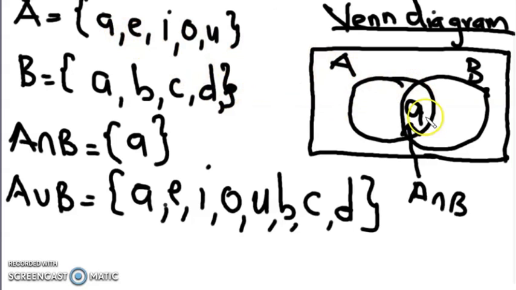But since A is already in the intersection, we write the rest of the elements of A, E, I, O, U, in this part. Do you get it? Same thing applies to the set B. A is already written in the intersection, and so we write the remaining elements, B, C, D, in the other part of the circle.